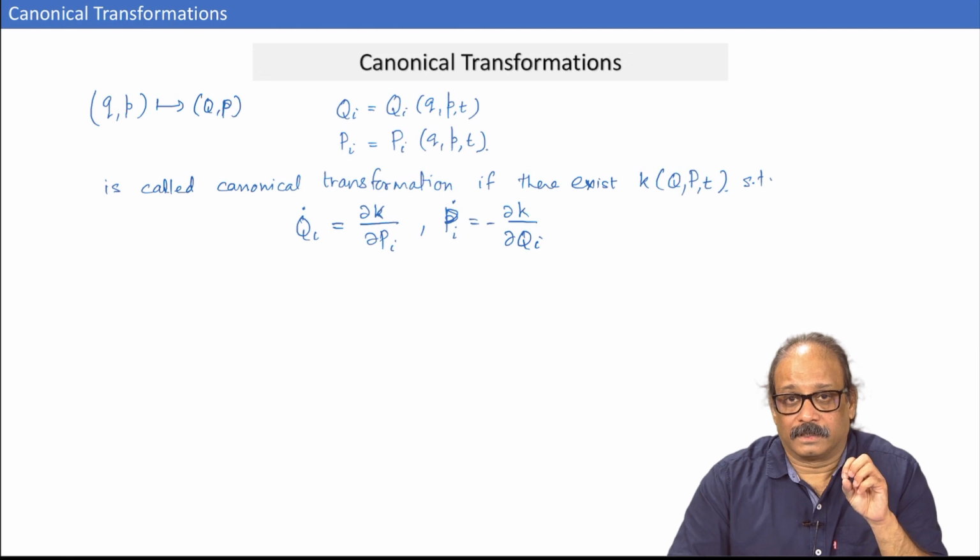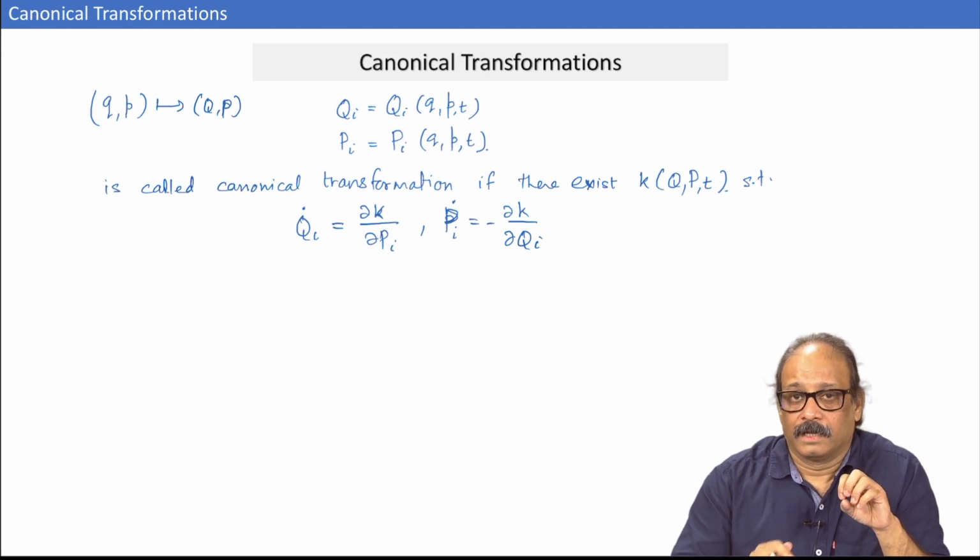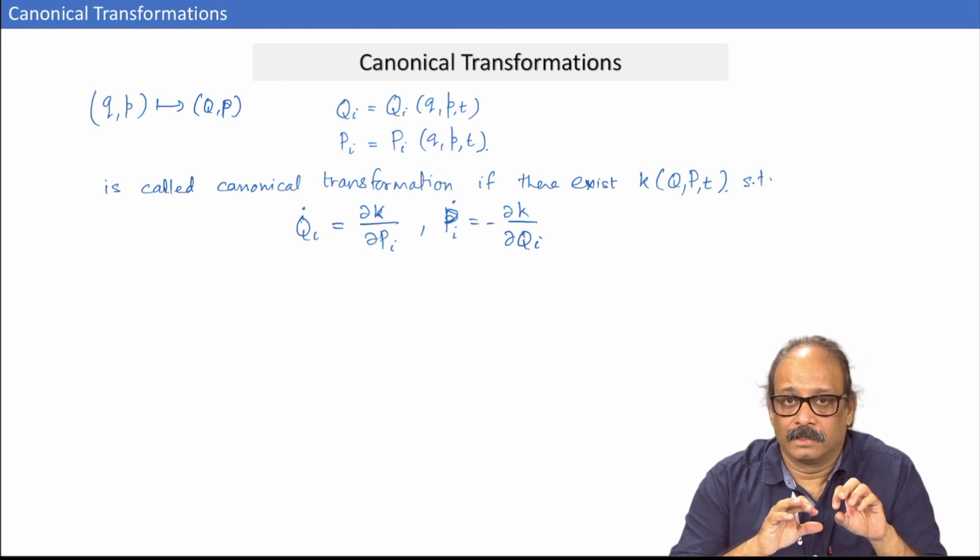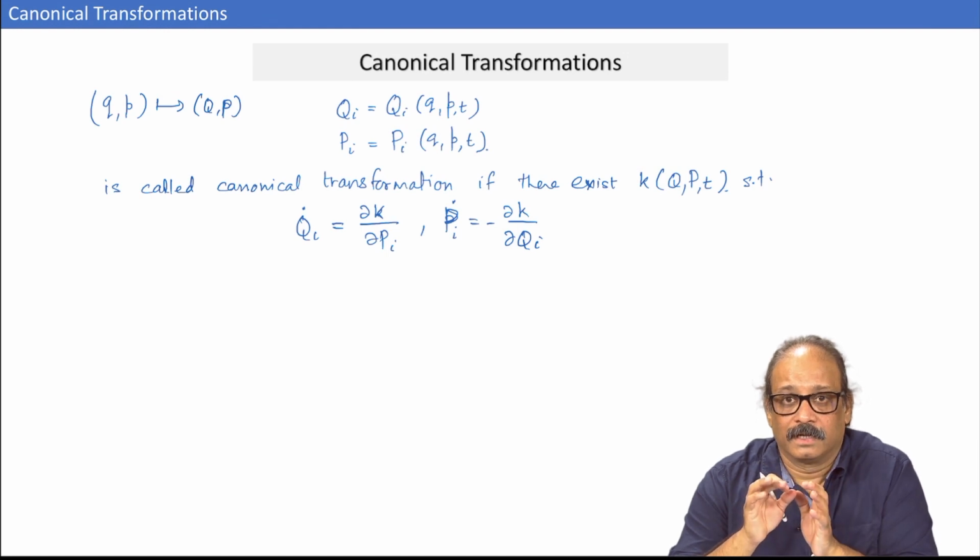The transformation is called canonical if it preserves the structure of the Hamilton's equations.